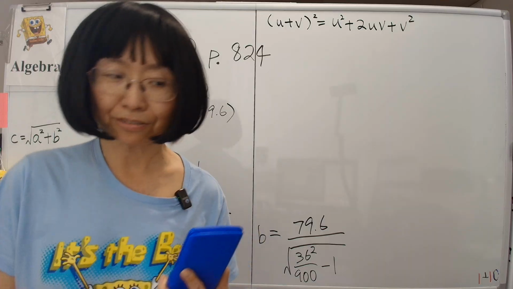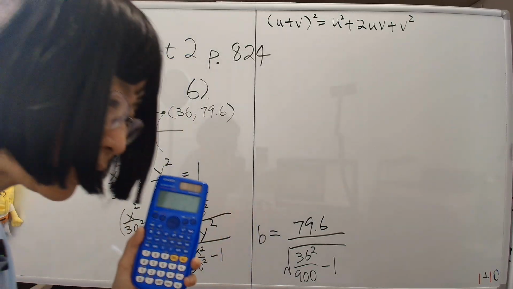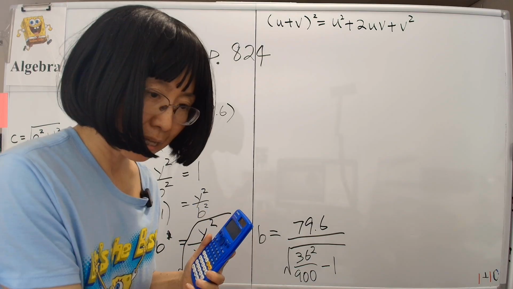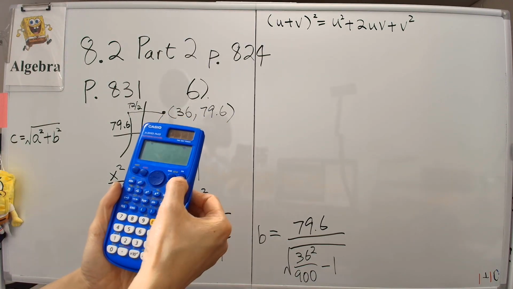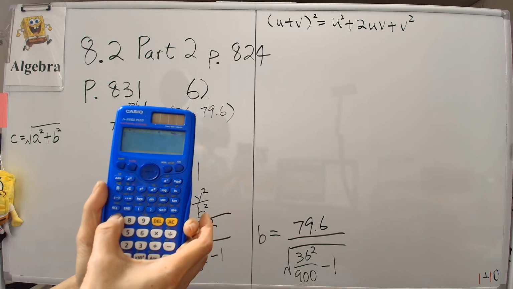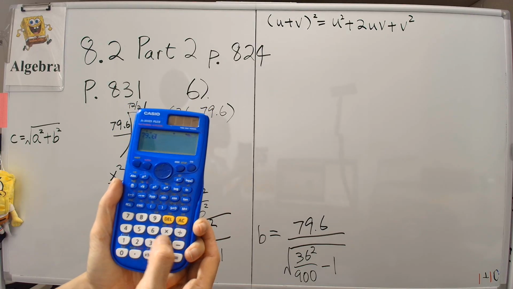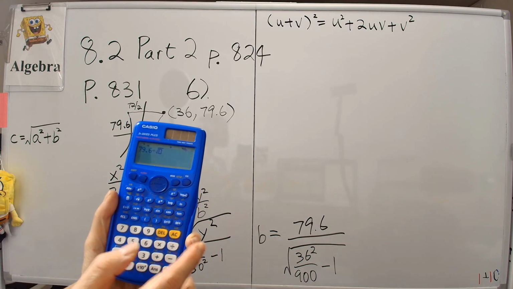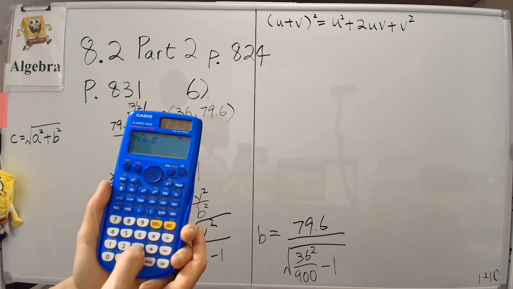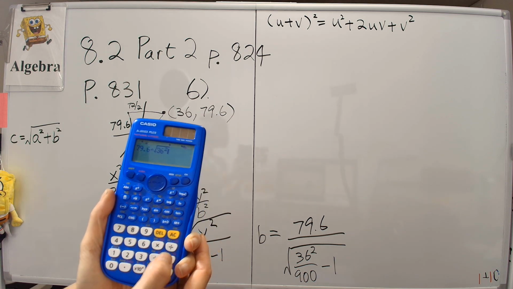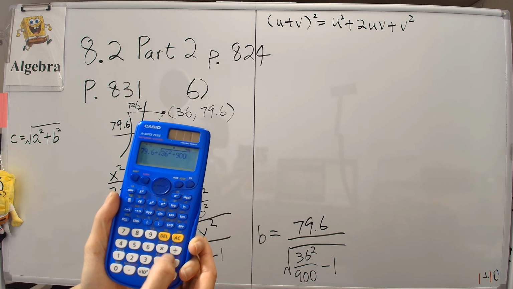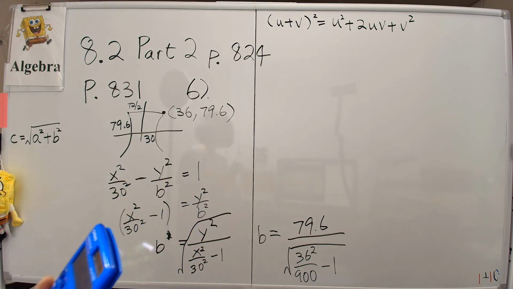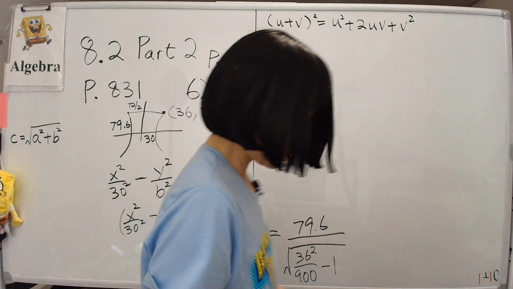We have 79.6 divided by the square root of, we don't need parentheses because the square root includes all that stuff, 36 squared divided by 900, and then minus 1. And that should equal something, 120 point something. So b equals 120 point something.